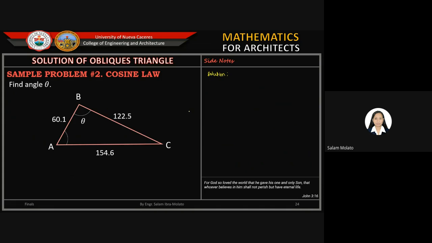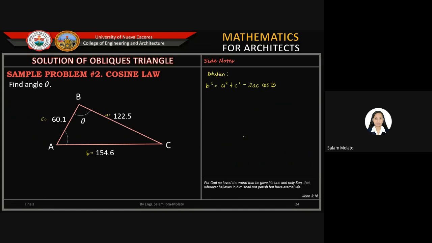Since that's angle B, this is B, this is C, this is A. We can use B squared is equal to A squared plus C squared minus 2AC cosine B, since we're looking for cosine B or cosine theta.